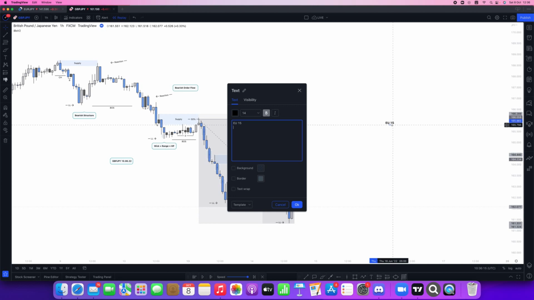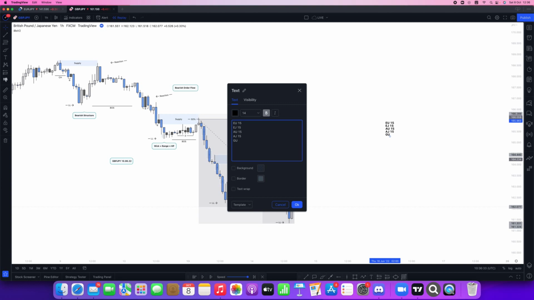Either you execute on the 50% order block, or you execute on a lower time frame. For AJ, also 15 pips. For AU, you're also going to go with 15 pips. For AJ, also 15 pips.